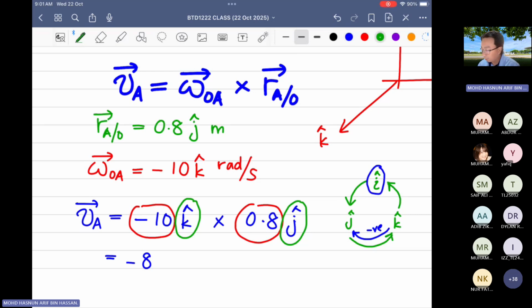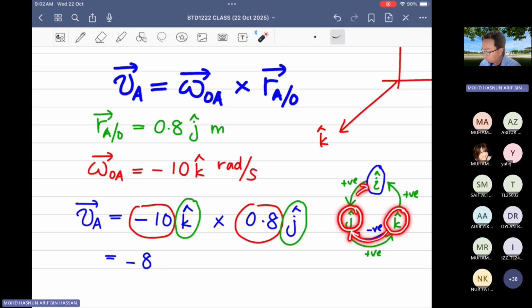For the anti-clockwise, this will be positive, this will be positive, and this will be positive. But now we have k cross j, which is in the clockwise direction, so the value will be negative because it is in the clockwise direction.